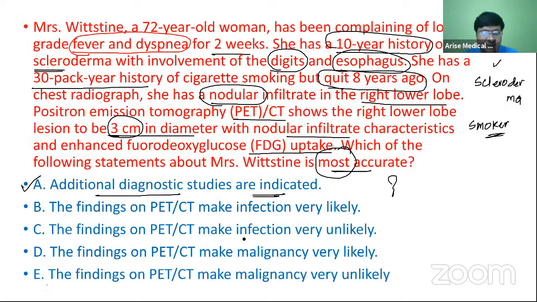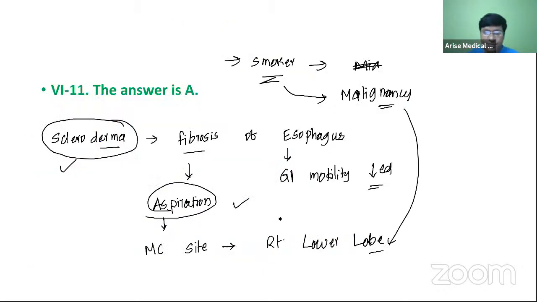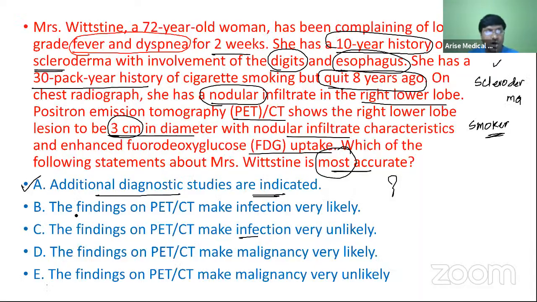We cannot confirm whether it is an infection due to aspiration or whether it is malignancy. So additional diagnostic studies are indicated. Now, what are those additional diagnostic studies?